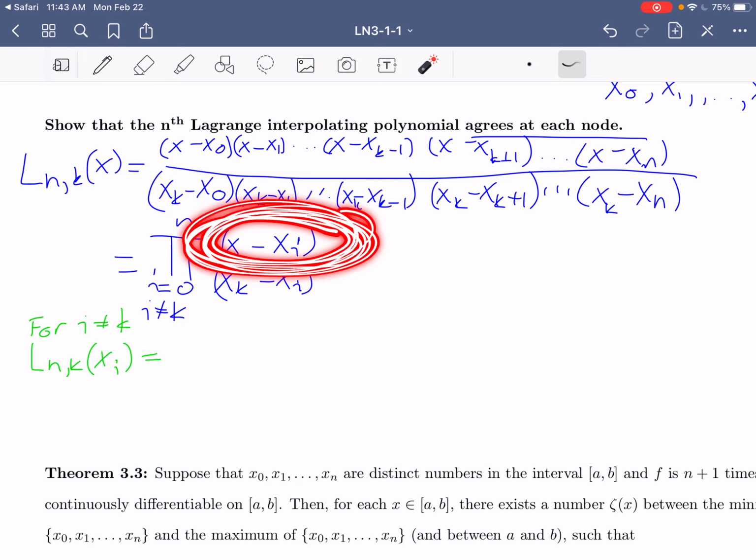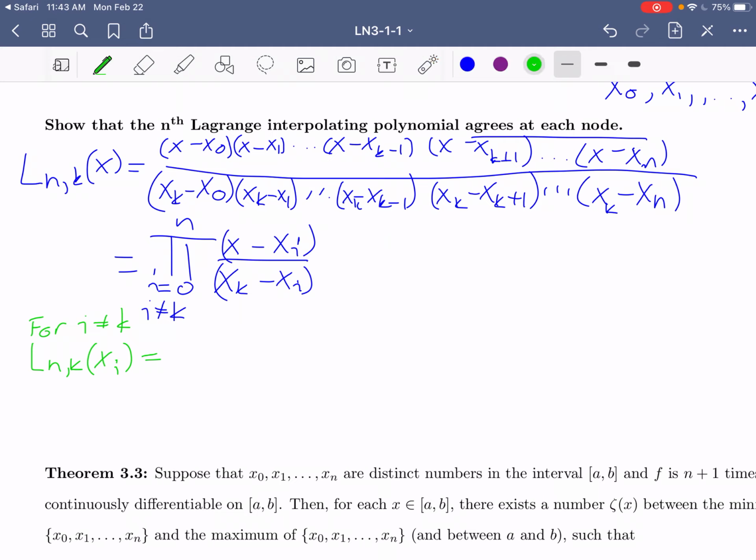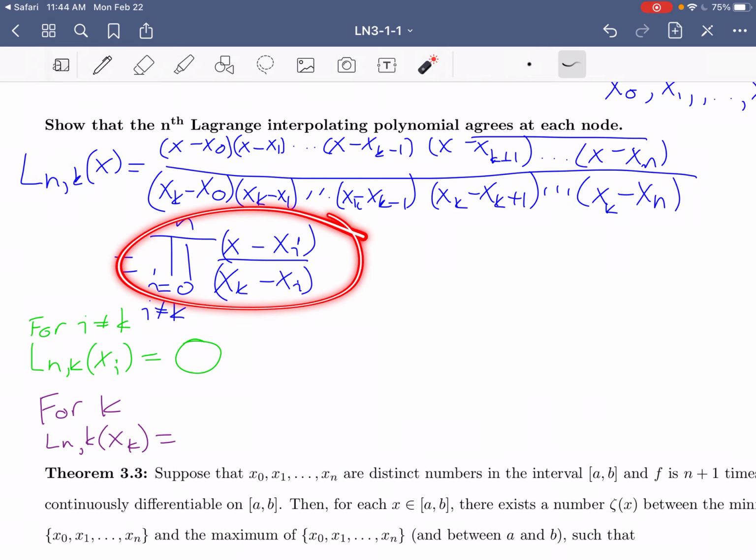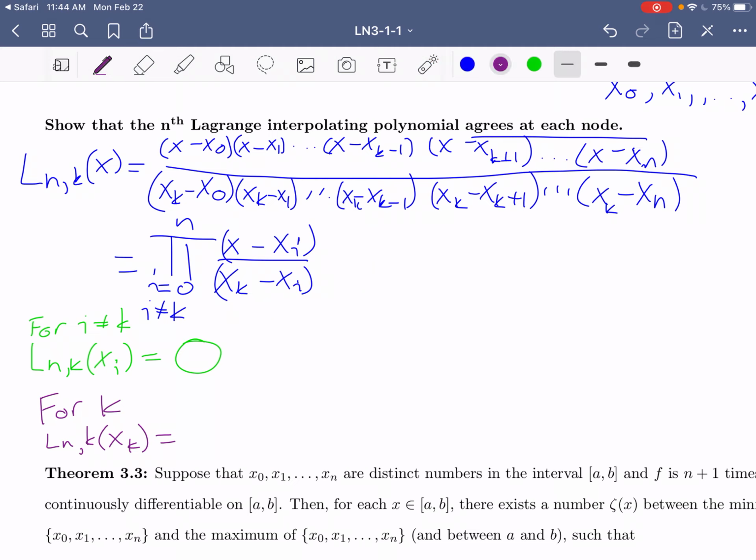Because we have a 0 being multiplied by something, that output is going to be 0. Now, if we have L_{n,k} evaluated at x sub k, then when we look at this product, every single one of those factors is x sub k minus x sub i over x sub k minus x sub i. So we're just going to have 1 times 1 times 1, and that product's going to be 1.